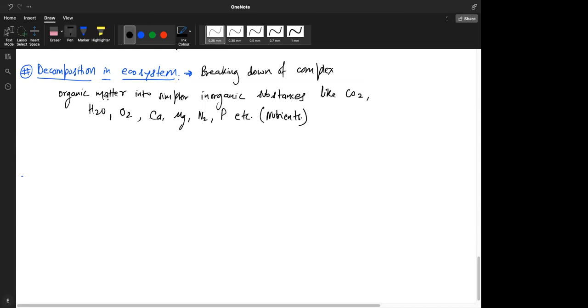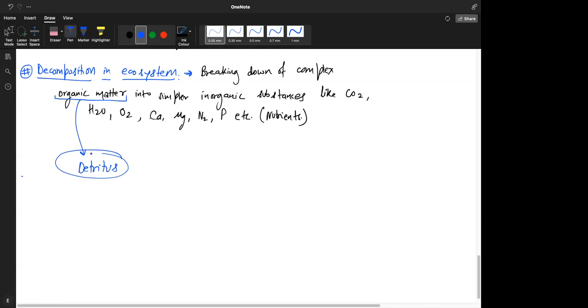And the organic matter that we discussed, which gets decomposed, is called detritus. What is it called? Detritus.